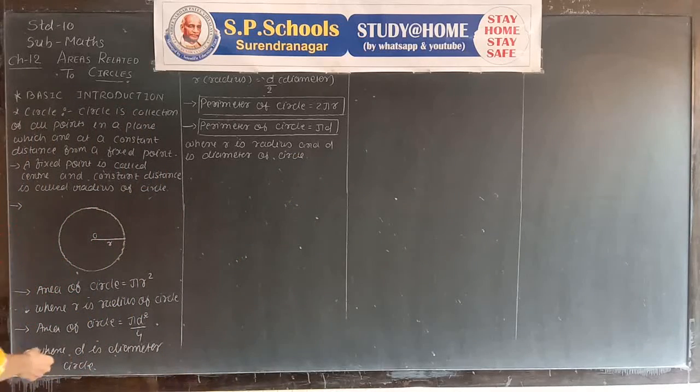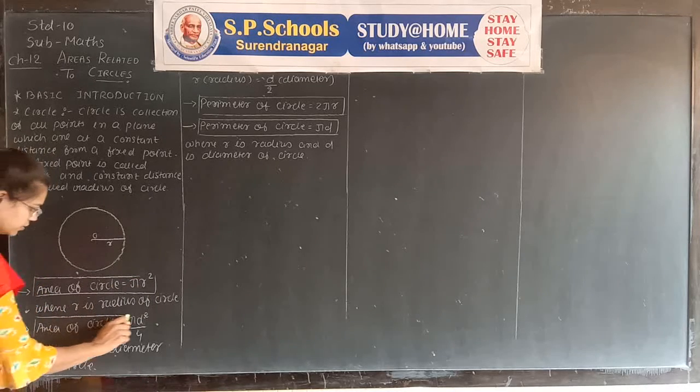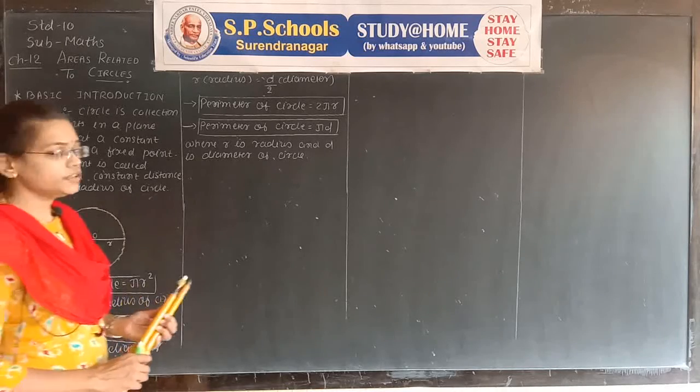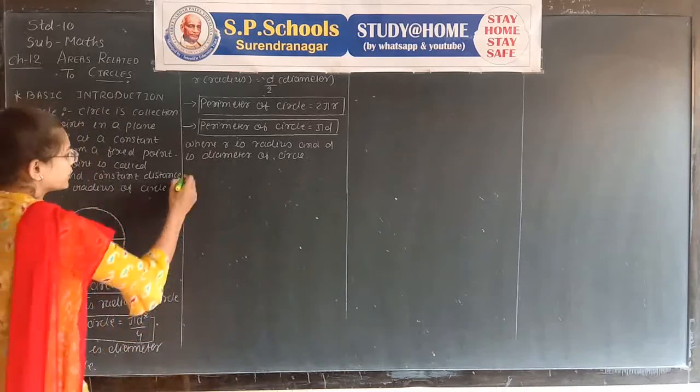Okay, there are 4 formulas. First is area of circle pi r square, area of circle pi d square upon 4, perimeter of circle 2 pi r or pi d.